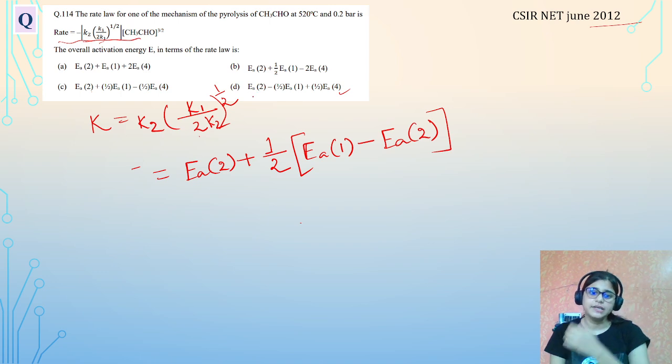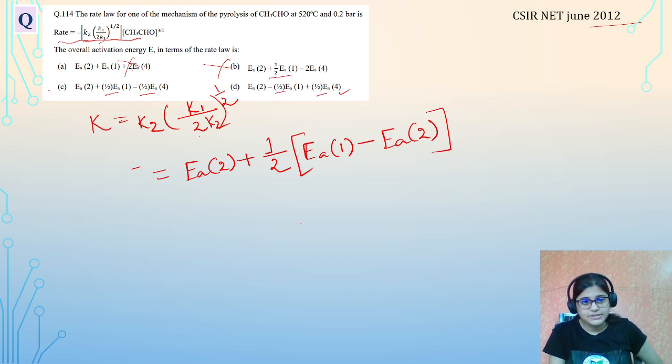In every option, see, EA2 is there. Okay. And half will be multiplied with the other terms. So here only 1/2 is there. It will be wrong. Here 2 is there. 2 will obviously not be here because it is only a coefficient. Here half is there, here half is there, and here half is there. So the answer should be between C and D. Okay, fine. Now, one plus sign, one minus sign, and one minus, one plus.